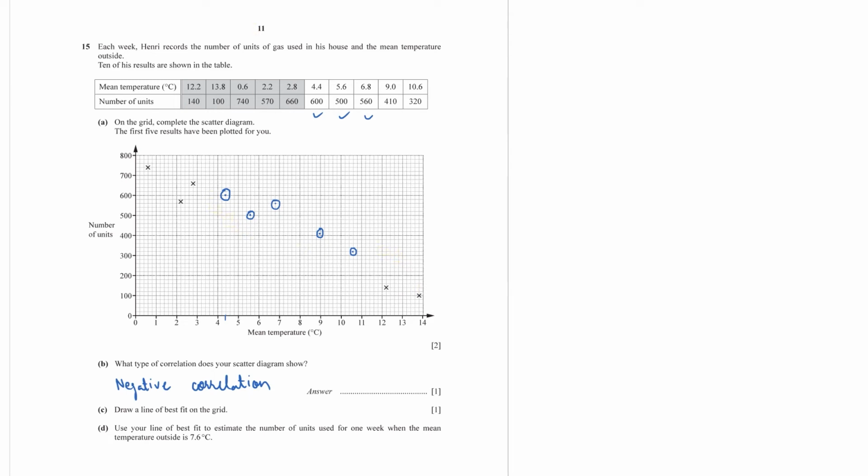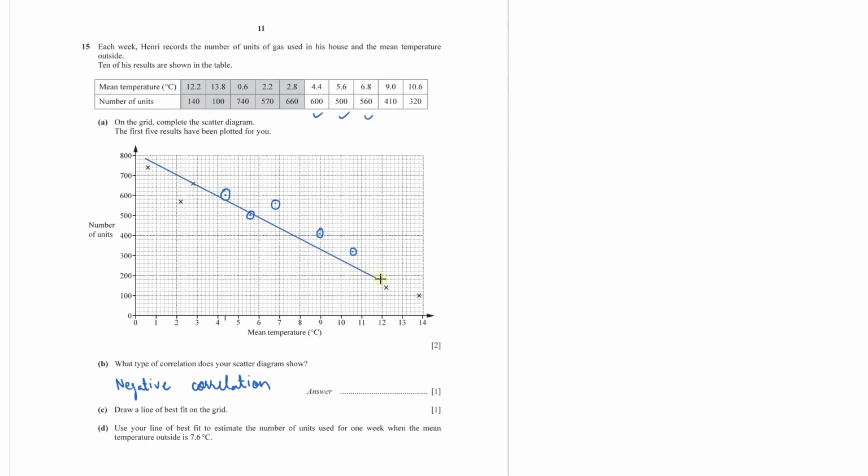So let me try to draw a line that goes through this point here.